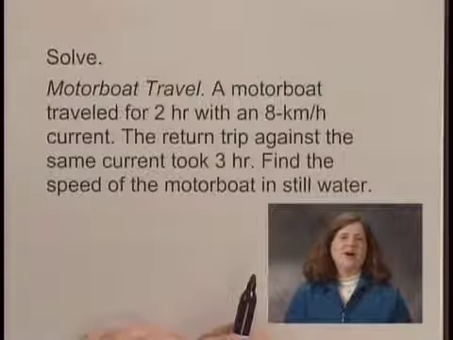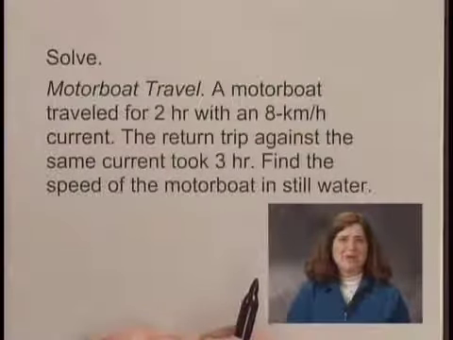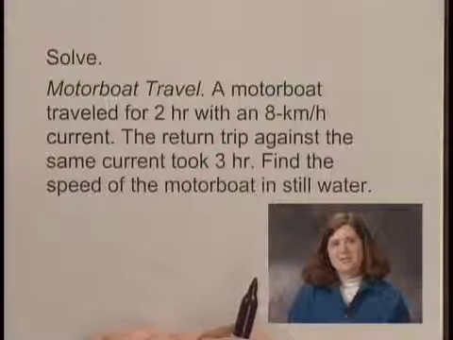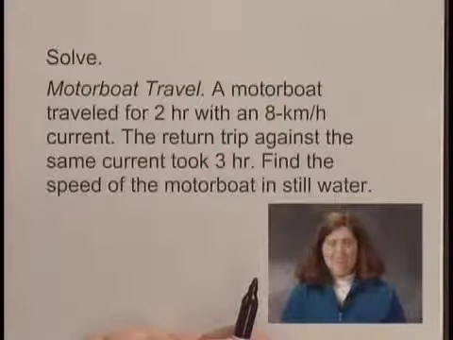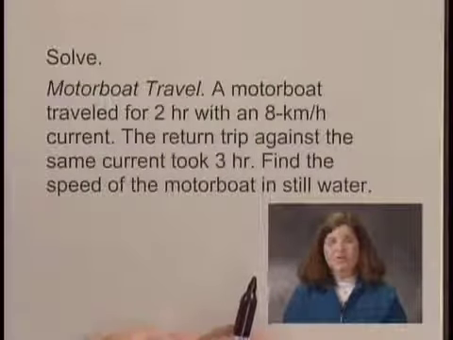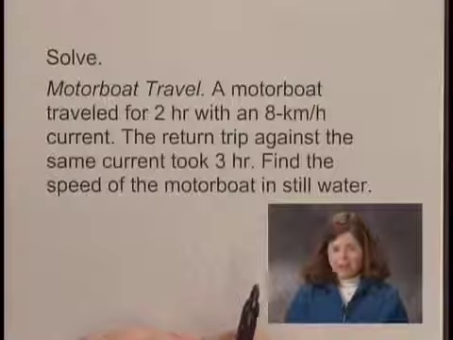We'll approach this problem using our five-step problem-solving strategy, and the first step is to familiarize ourselves with the situation. We want to first read the question again carefully and notice that we have two motion situations.